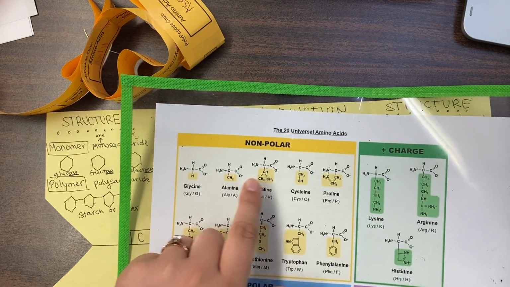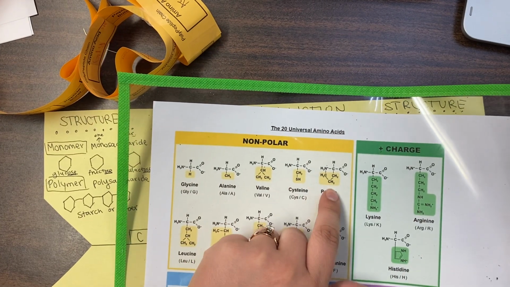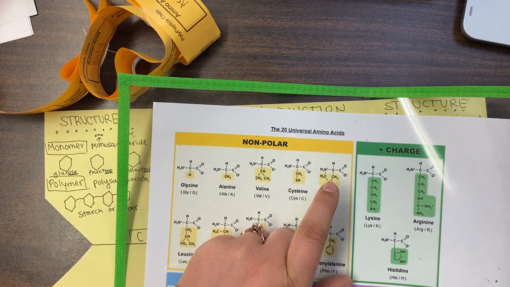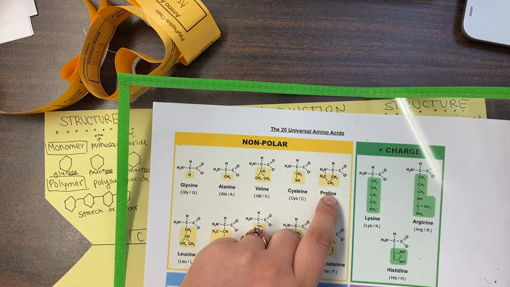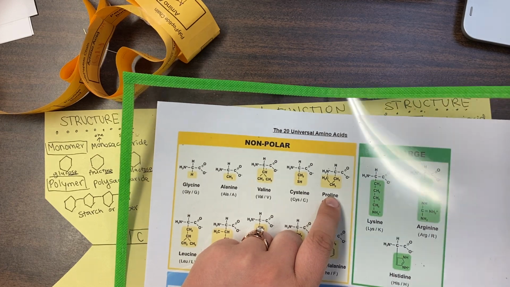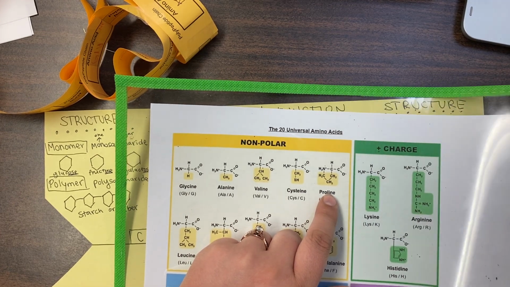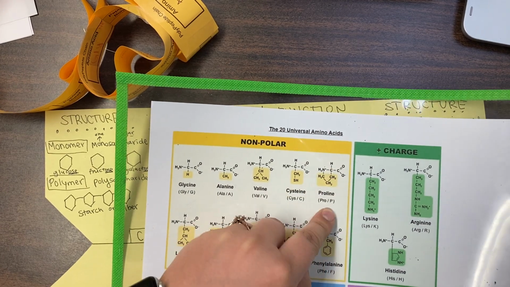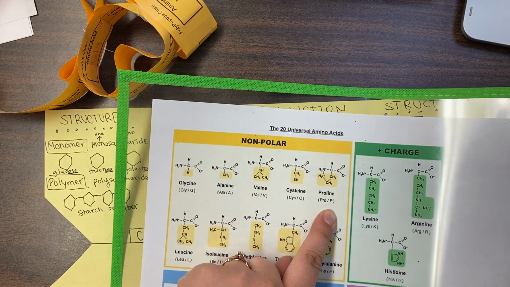So by changing just different things about this last branch, it will determine how it folds, and by how it folds, it will change what it does. Or even if it exists. Sometimes if it's missing an amino acid, it will be folded wrong and it won't work.